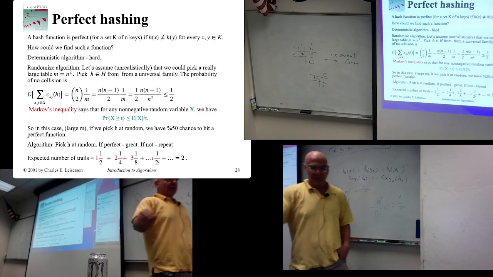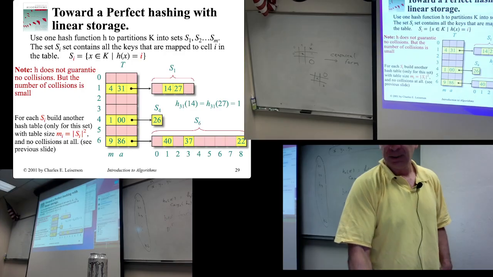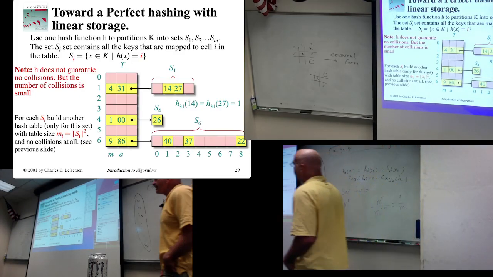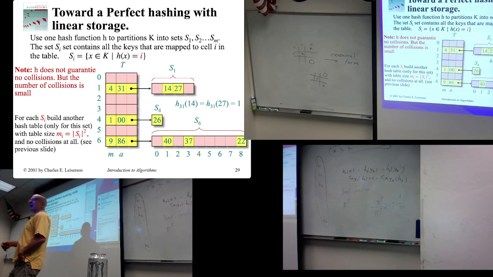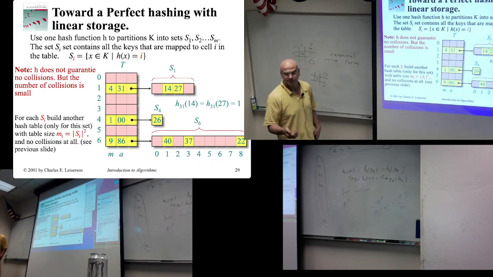Okay, so let's just flash one slide. How do I actually now get to one reasonable hash function? I don't want to spend n squared time. I don't want to spend n squared memory. It's way too much. So what do I do?